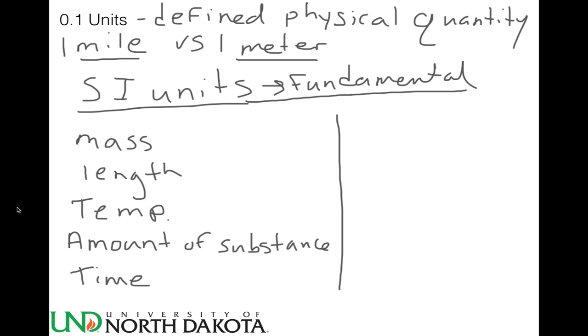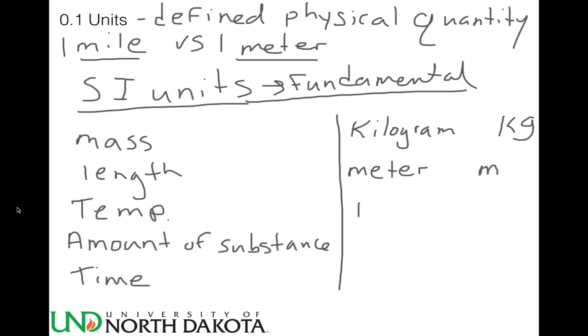So mass will be measured in a kilogram, and a kilogram has the abbreviation lowercase k, lowercase g. Length is measured in a meter, and its abbreviation is lowercase m.